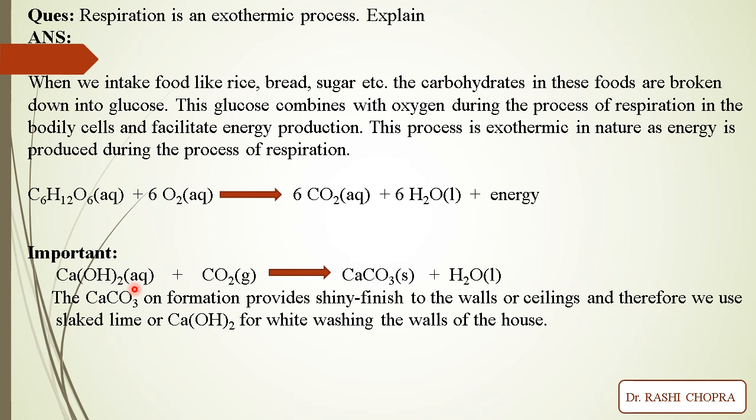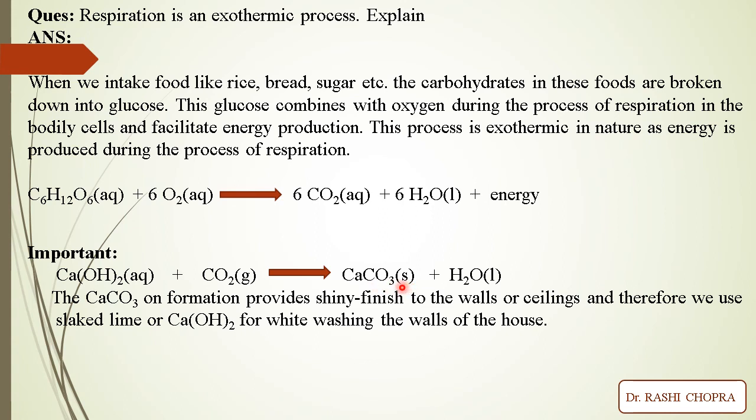After some time, this calcium hydroxide, the slaked lime, will react with atmospheric carbon dioxide, and it will form calcium carbonate and water. The calcium carbonate formed by the reaction of calcium hydroxide with the atmospheric carbon dioxide provides a shiny finish to the walls and ceilings.